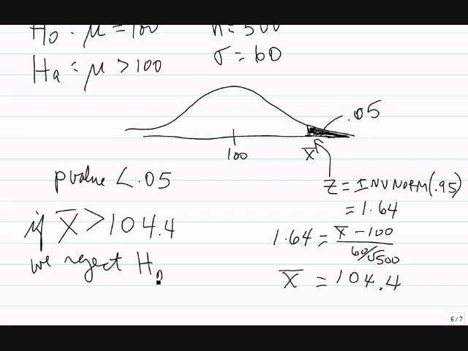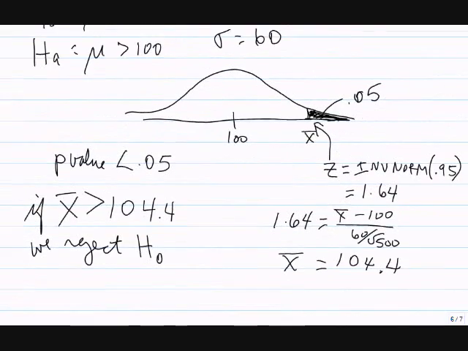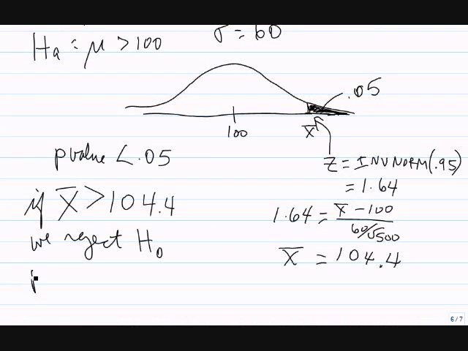What percent of the time do we reject the null hypothesis? 5% of the time. So, I don't have enough room. The probability of making my type 1 error is 5%.